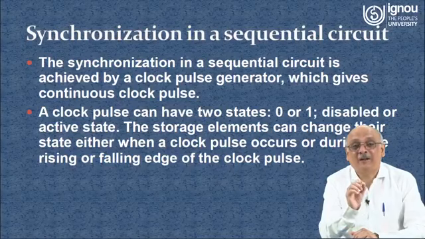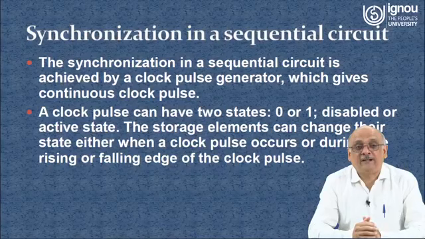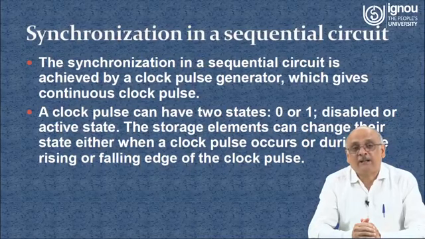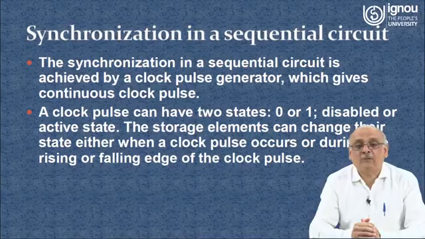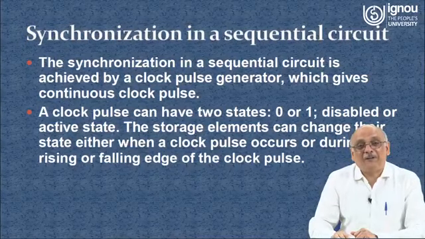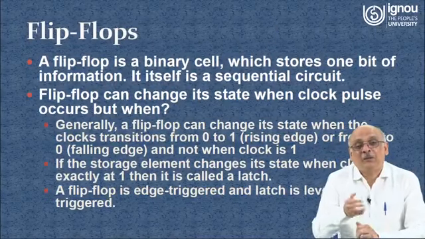Just like a digital clock, the moment happens, a particular tick occurs at that particular time. So a clock pulse can have two states, 0 or 1, disabled or active, we call it. The storage element can change its state either when a clock pulse occurs or during the rising or falling edge of the clock pulse.